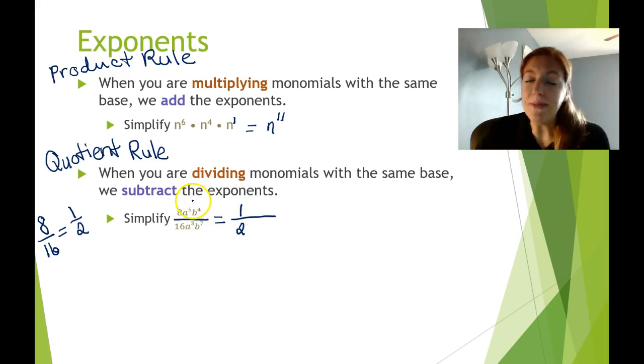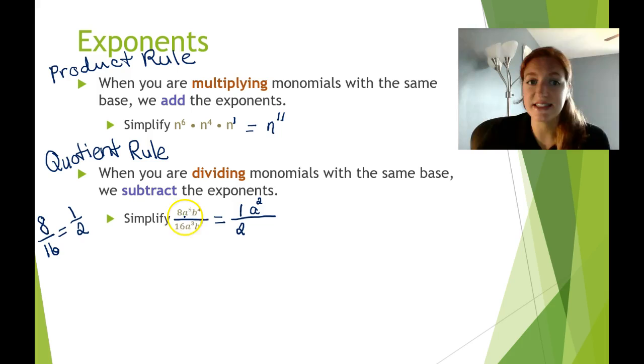Now, we want to pick the monomials which have the same base. We see two a's here, a to the 5th and a to the 3rd. Since we are dividing those, we can take those exponents and just subtract them. 5 minus 3 gets us 2, so a to the 2nd power, because that would be 5 over 3.